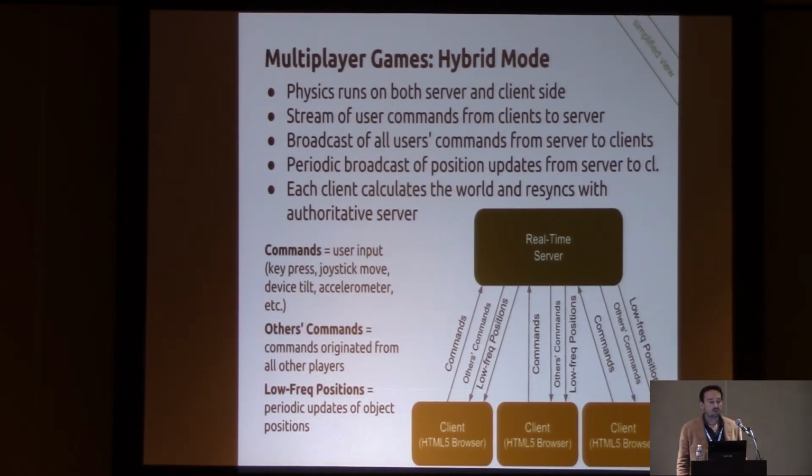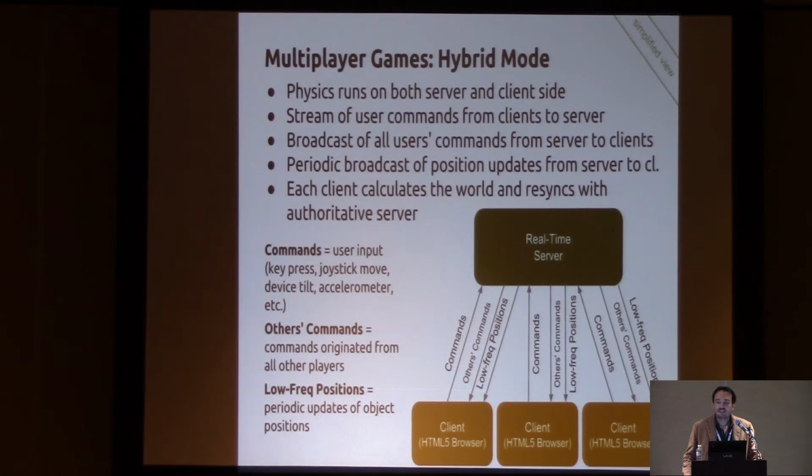This way, you can resync with the authoritative game server, which keeps the actual real state of the world in case the client worlds diverge. When you send this low-frequency position, you still send the coordinates and quaternions.